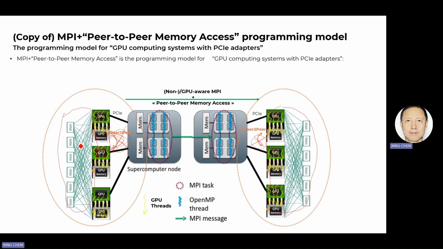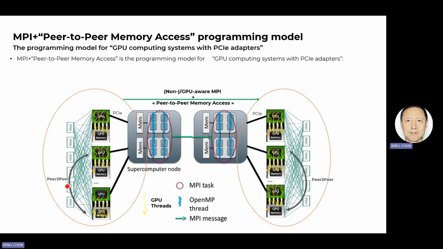NVLink is much faster than PCIe. So the peer-to-peer memory access can now go through NVLink for NVIDIA, and through the AMD Infinity Fabric interconnection between the GPUs for AMD.